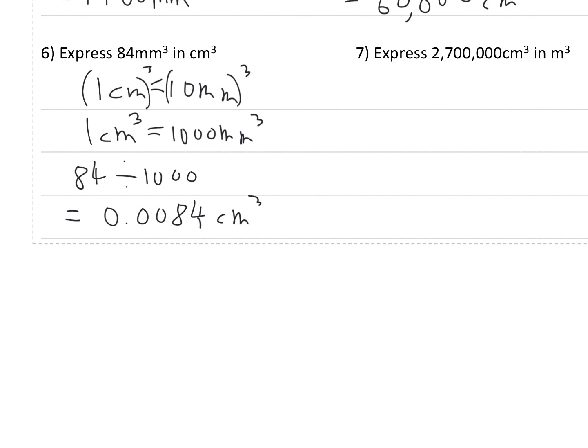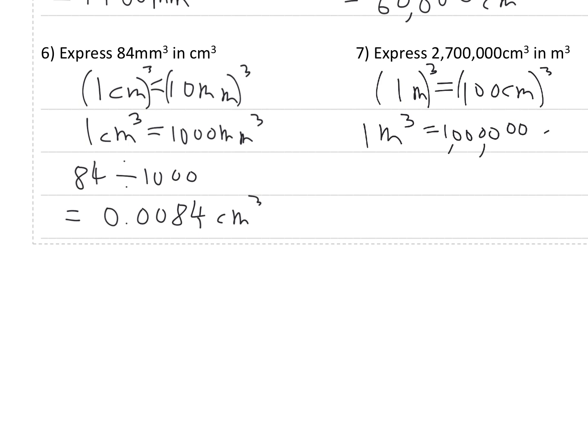Example 7, express 2,700,000 centimetres cubed in metres cubed. So we start with what we know, and that's that 1 metre is 100 centimetres. We get the cubic conversion by cubing both sides, and we get 1 metre cubed is 100 times 100 times 100, which is 1 million centimetres cubed.